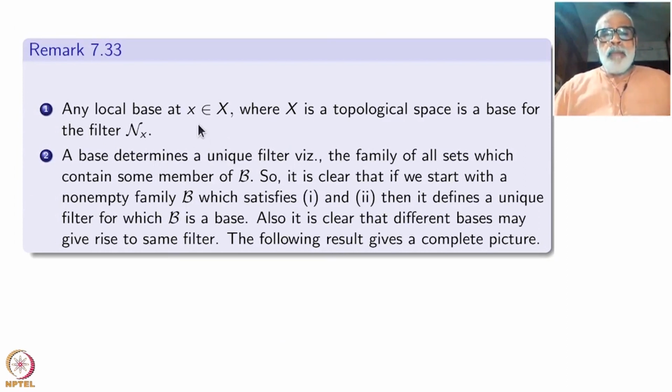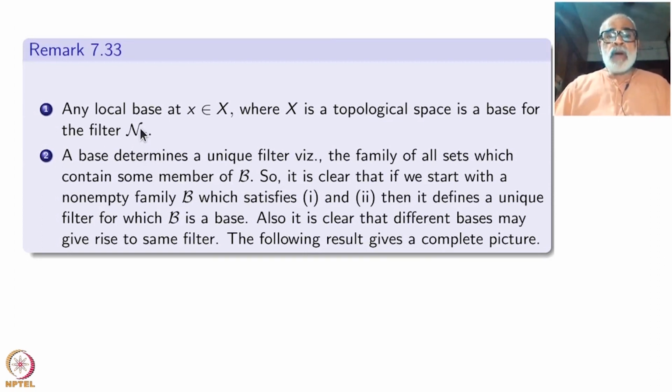Any local base at x belonging to X, where X is a topological space now, is a base for the filter N_x. So this was one of the important filters, right? So you don't have to take all the neighborhoods. You take a base in the usual terminology of a local base in the topology. That will be a base in the sense of filter. It's a base for the filter, right?